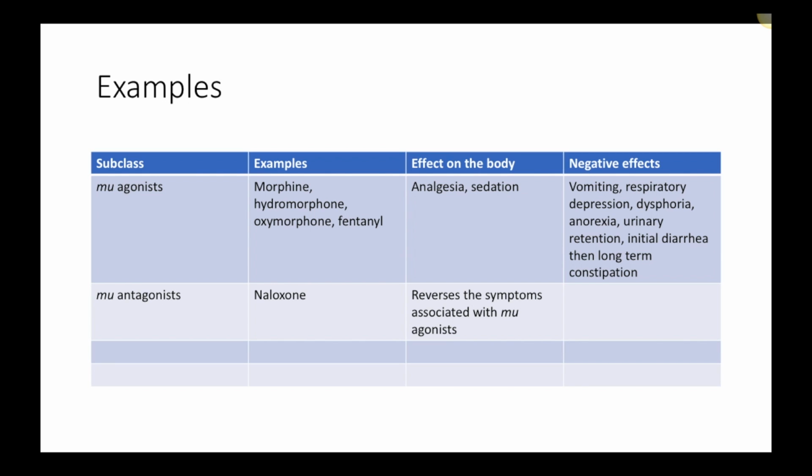Then we have, as we talked about before, the partial antagonists or partial agonists, same thing, butorphanol. So we'll just add them in mentally. And then we have a mu antagonist, and that's naloxone. That reverses the symptoms associated with mu agonists. Remember that the mu antagonist connects with the mu receptor, but it causes no intrinsic effect on the cell.